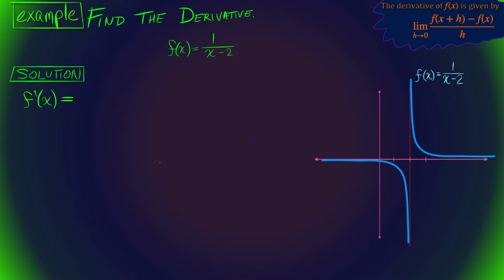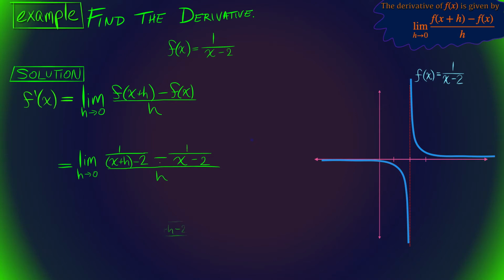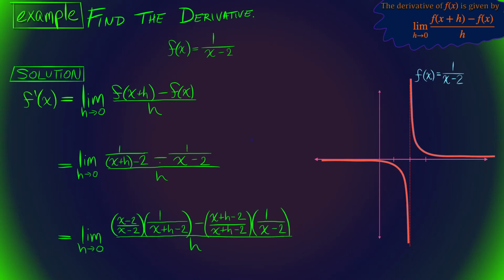And our limit definition of derivative, remember, is this thing. So we're going to first have f of x plus h minus f of x divided by h. And we need to find a common denominator on top, which is going to be x plus h minus 2 times x minus 2.